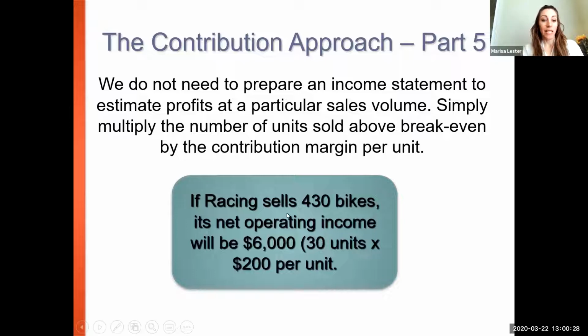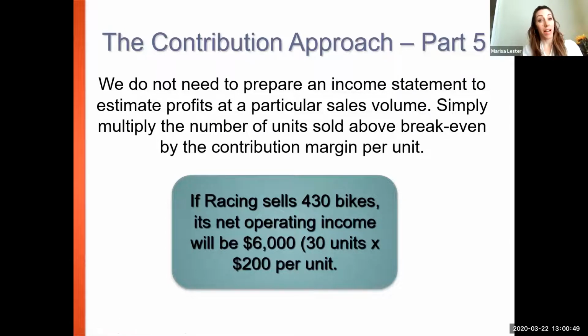So in this case, if RBC sells 430 bikes, what will net operating income be? Well, that's 30 above break even, right? So I can say I will make $6,000, 30 units above break even times my CM per unit, right? I've already covered fixed expenses at 400 bikes.